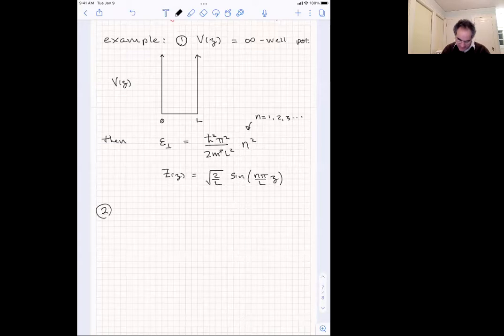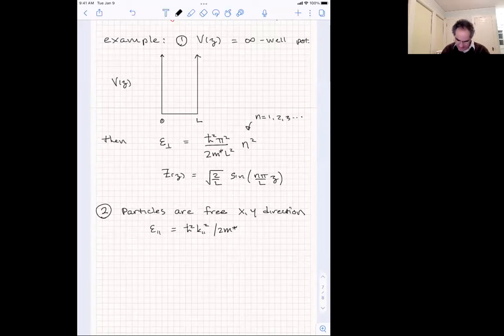The second part of the problem is easy too. The particles are simply free to move in the x and y direction. And that means that the energies, E parallel, are just given by h bar squared K parallel squared over 2m star.